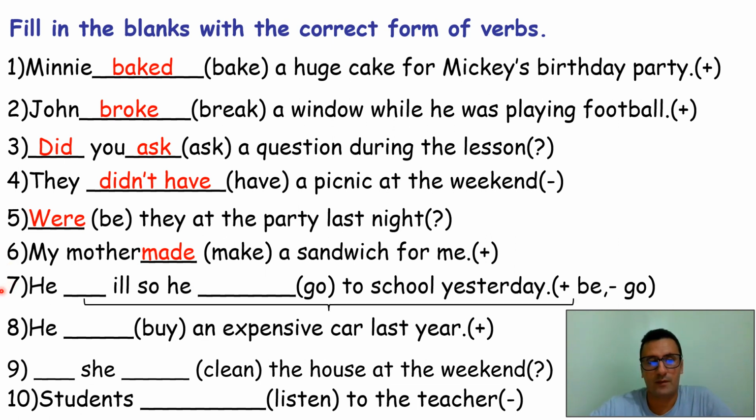7. Alors, on a to be ici, c'est la forme affirmative, et to go ici, la forme négative. Alors, he was ill, so he didn't go to school yesterday. 8.